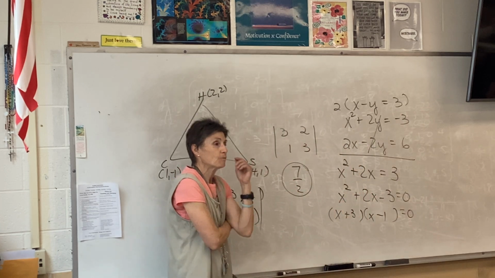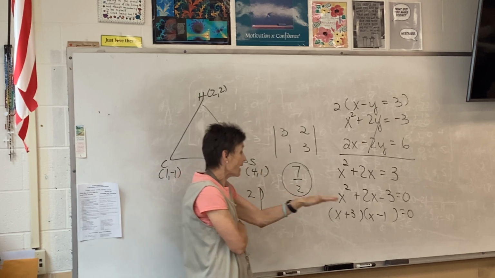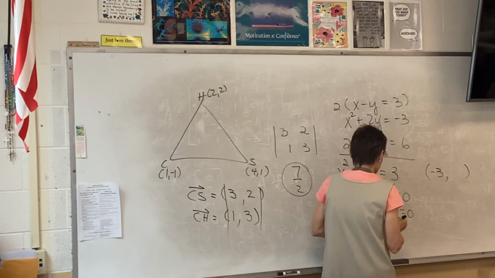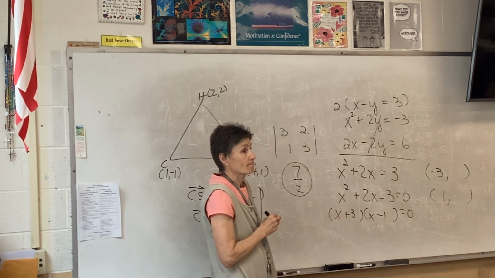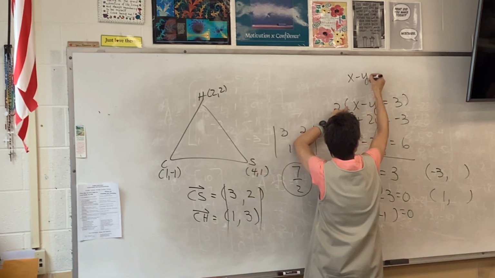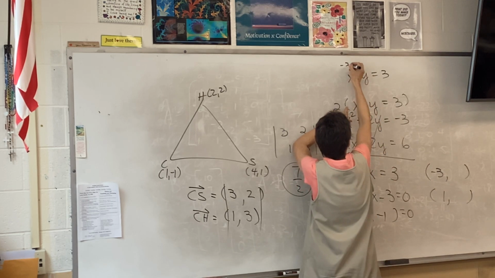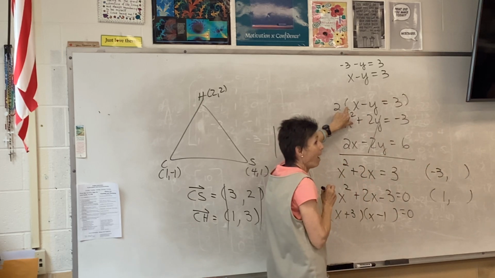Now where do we go from here? So the x's are negative 3 and 1. And now we go back maybe to that top equation and say, okay, if this is a negative 3, what does y have to be?